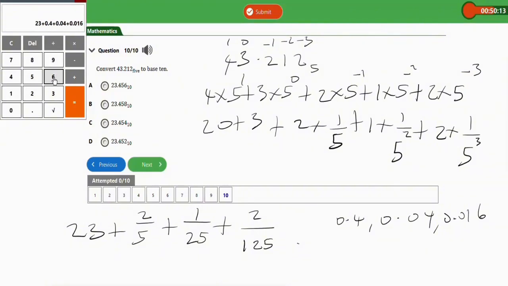So that's what we have there. Let's press equals and see the output. So we have it to be 23.456. So the correct option in this question is option A. Alright, so it's as simple as this.